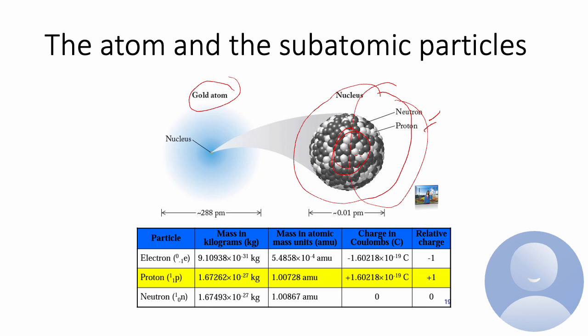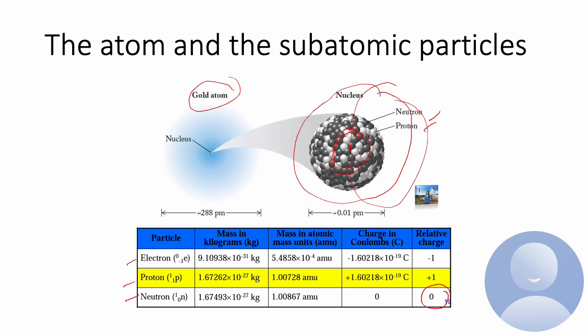Lastly, the neutron. So this is the neutron. Neutrons are neutrally charged particles, so they have a relative charge of 0, and they help stabilize the nucleus and determine the atom's isotope, which can vary in the number of neutrons.